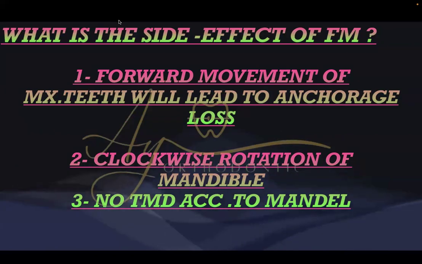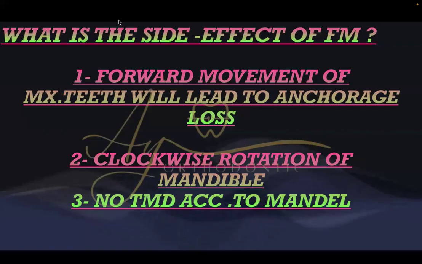The effects are divided into skeletal, dental, and soft tissue. The skeletal effect will be the maxillary forward and downward growth, the downward and backward rotation of the mandible, and there will be increased lower anterior facial height. Whereas in dental, there will be proclination of the maxillary dentition. There will be lingual tipping of the lower anterior teeth and the mesial movement of the maxillary teeth as a whole.